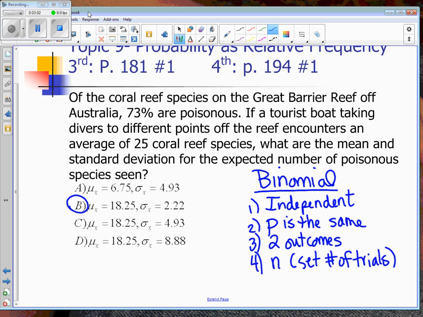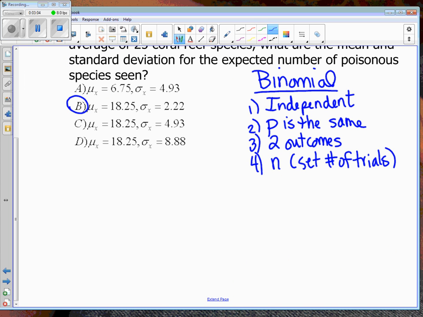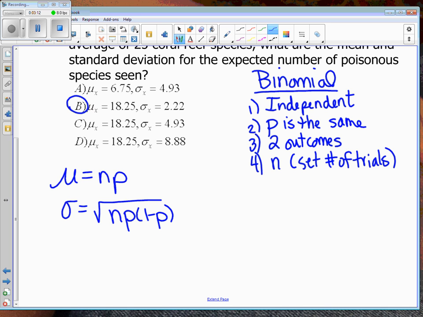Our formulas are that the mean is just N times P, and that the standard deviation is the square root of, I always say NPQ, but I think that your formula sheet says 1 minus P because it doesn't specify Q. So N times P is the mean, so that would be 25 times 73%. Double check me.